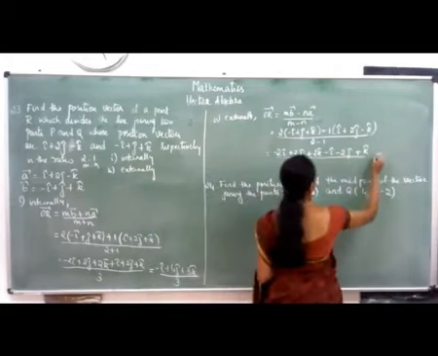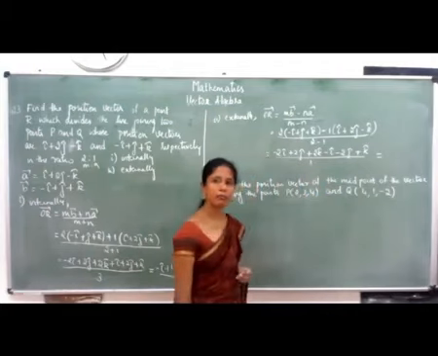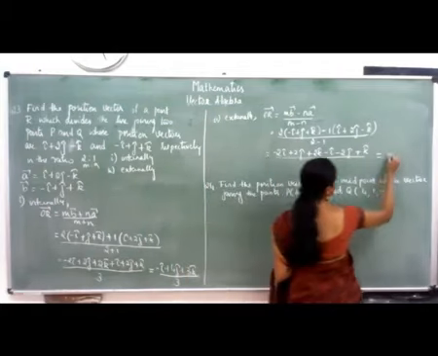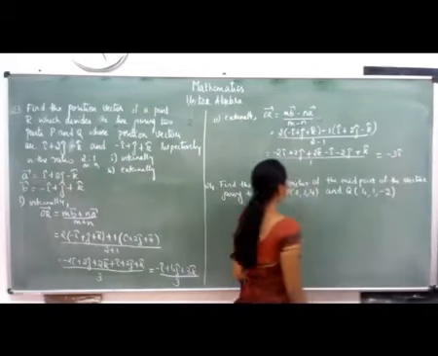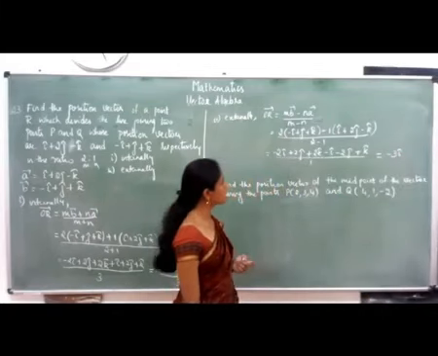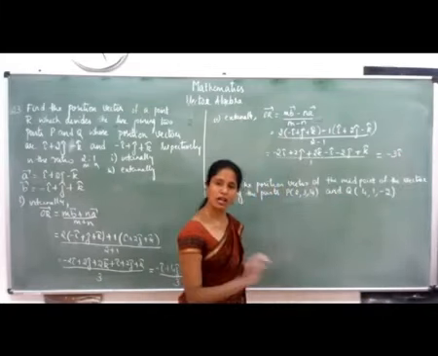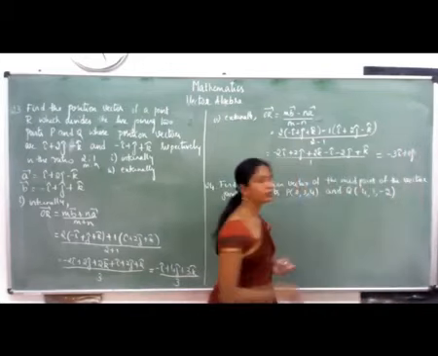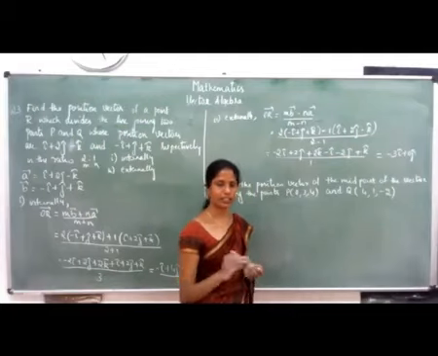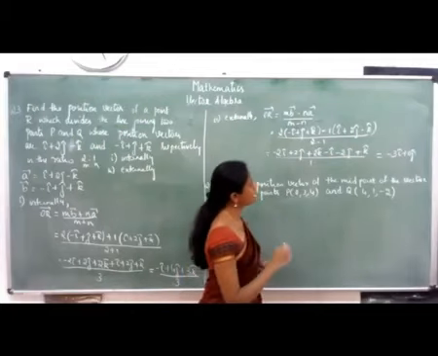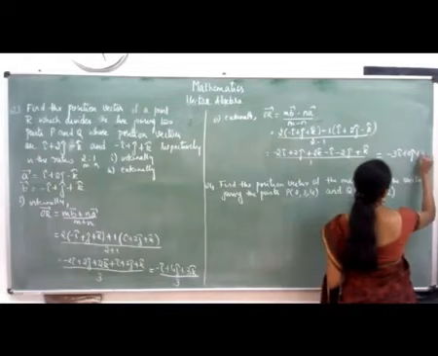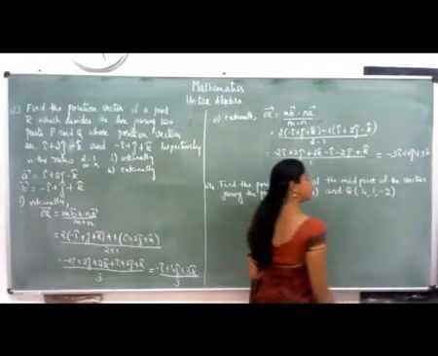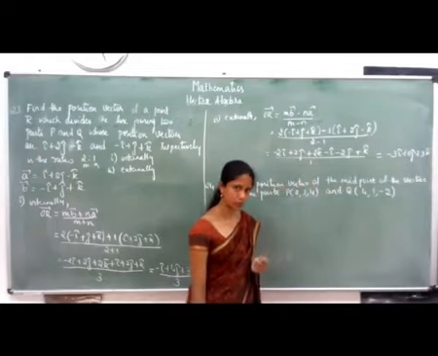So minus 2i cap minus i cap is minus 3i cap. Then plus 2j cap minus 2j cap is 0j cap. Even if you don't write it, it is understood that it is 0. Then 2k cap plus k cap, which is plus 3k cap, whole divided by 1.